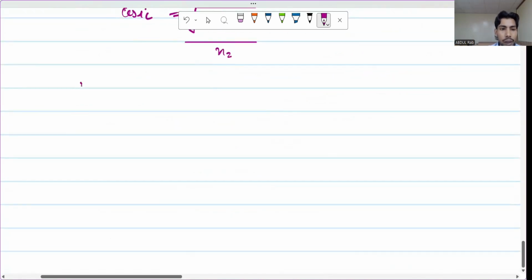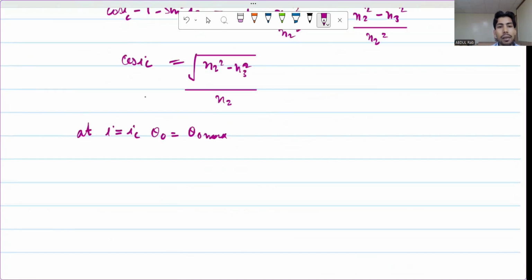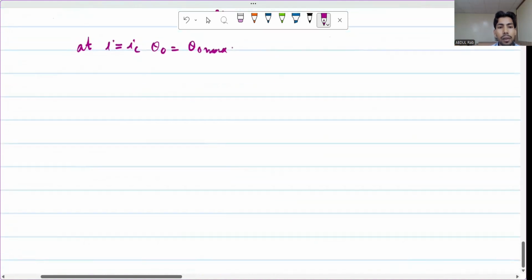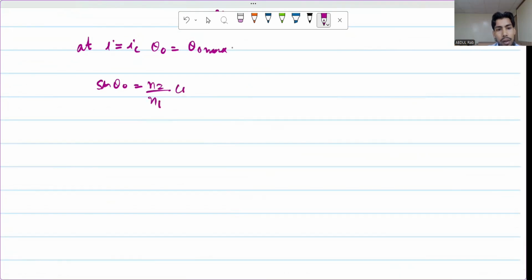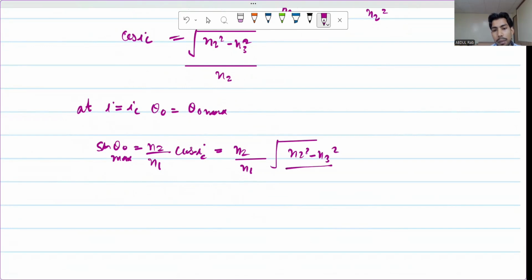So you already know that at I equal to IC, theta naught equals theta naught max. You can keep these values in equation 1, that sine theta naught equals N2 cos I by N1. So sine theta naught equals N2 by N1 cos IC. If theta naught is theta naught maximum, that will become equal to N2 by N1, and the cos IC value we have already evaluated, that is root over N2 square minus N3 square divided by N2.